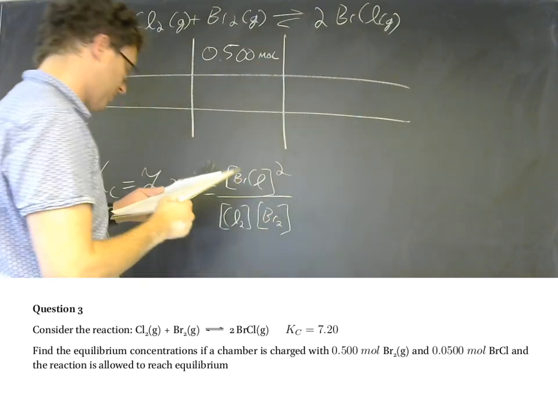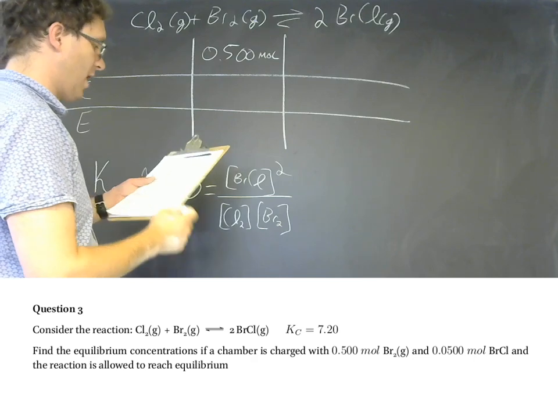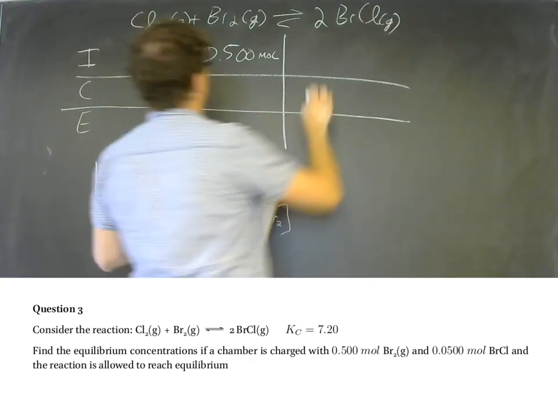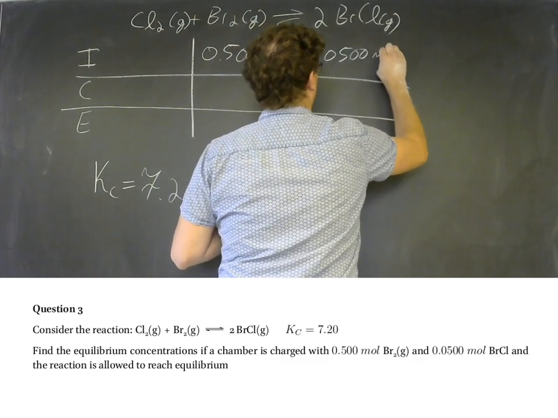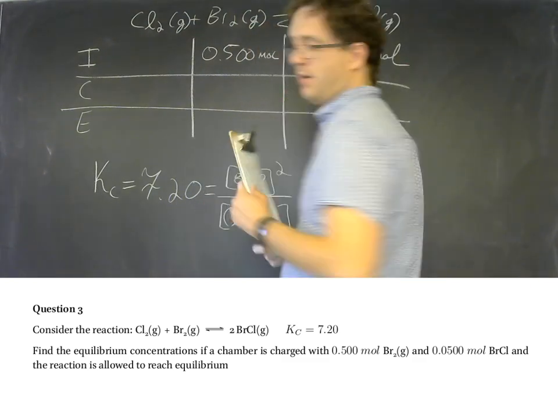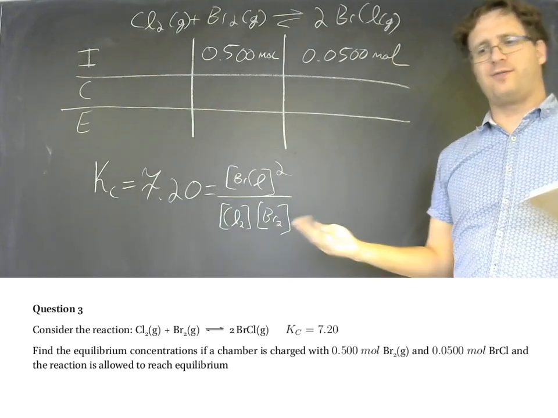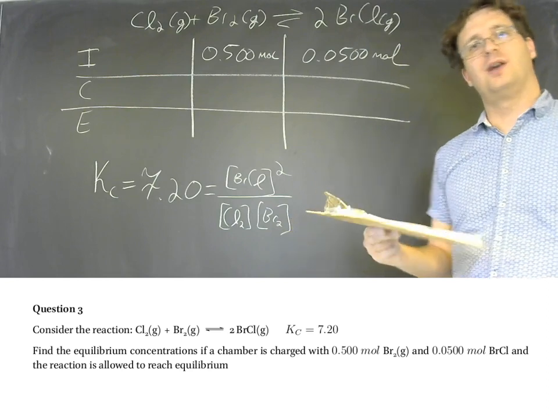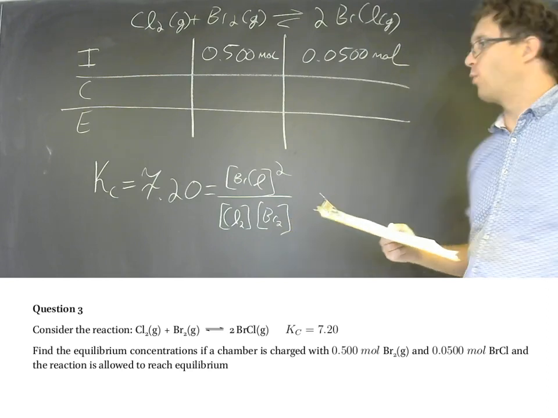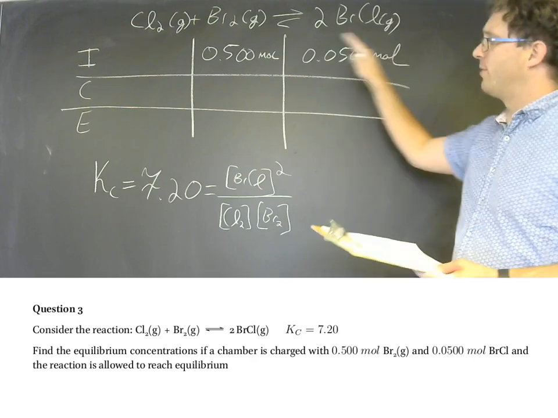We say find the equilibrium concentration if a chamber is charged with 0.5 moles of Br2 and 0.05 moles of BrCl. Now this is one of those cases where we weren't given a volume, and so actually I can't really give you the concentrations. I need to fix the wording of this question. But we can still solve it and find the number of moles.